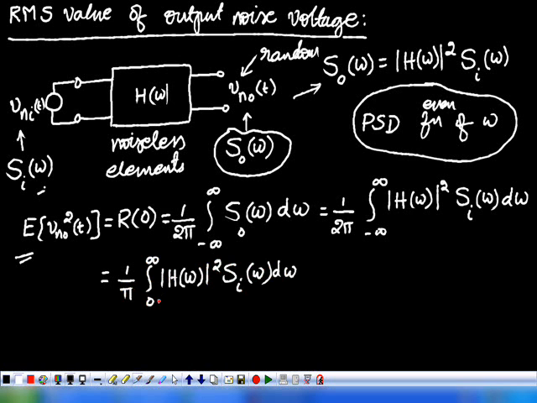From the properties of the power spectral density, we know that the power spectral density is always an even function of frequency. So therefore, instead of integrating from minus infinity to plus infinity, we can integrate from 0 to infinity and multiply with 2. So this 2 and 2 get cancelled, we will get 1 by pi, 0 to infinity, this. So this is the mean square value, is it?